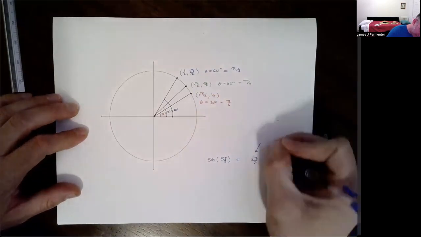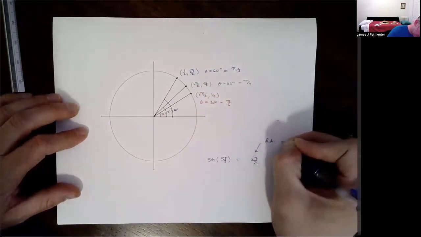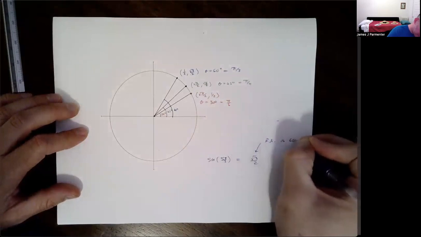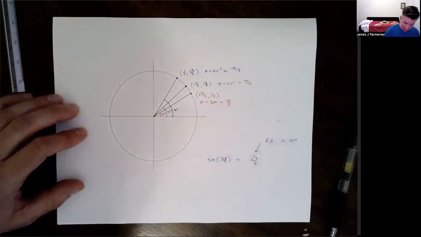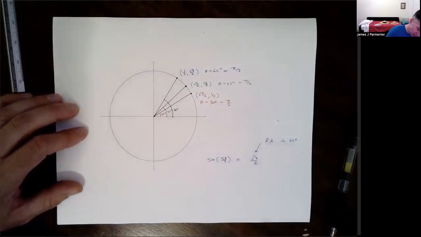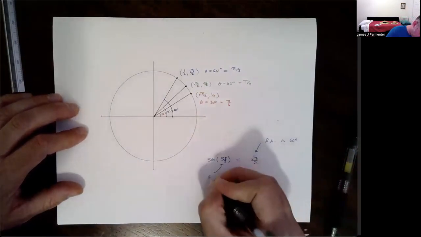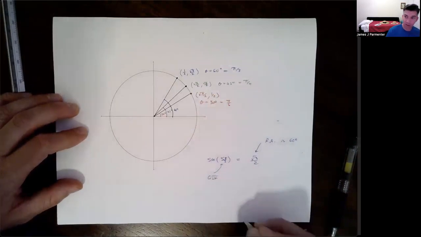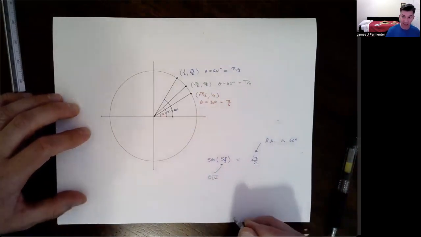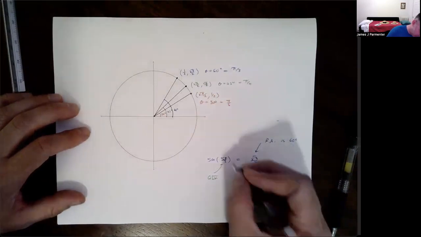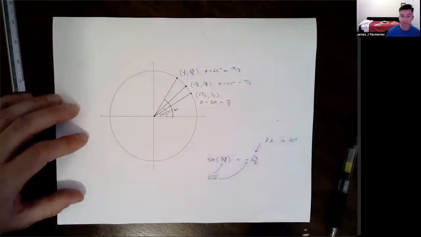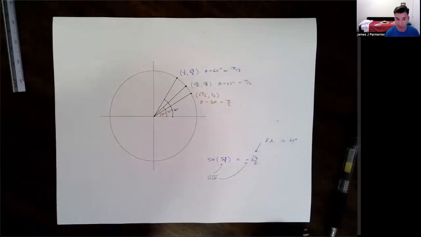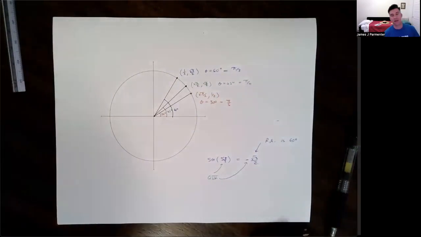That's because the reference angle is 60 degrees or pi over 3. But then I know that 5 pi over 3 is an angle in quadrant 4. In quadrant 4, the y values, aka the sine values, are negative. So because my angle is in quadrant 4, I'm getting a negative value there. That's a perfectly fine way of doing it. Or you can draw the triangles. Really, there are a lot of ways you can do this.